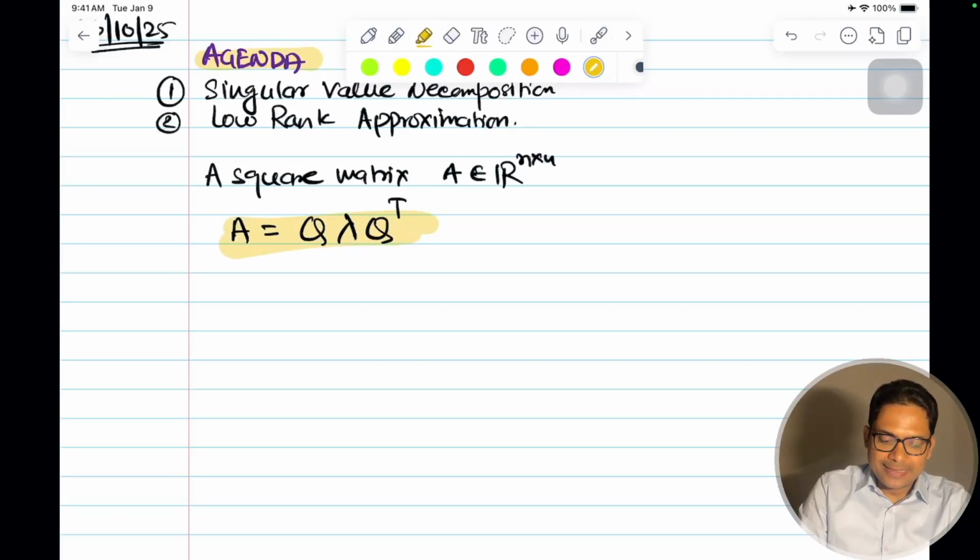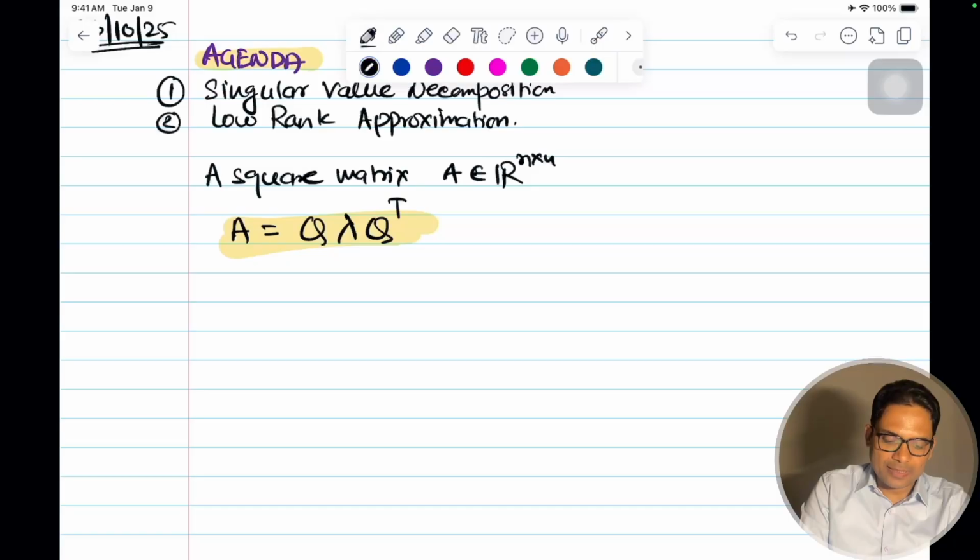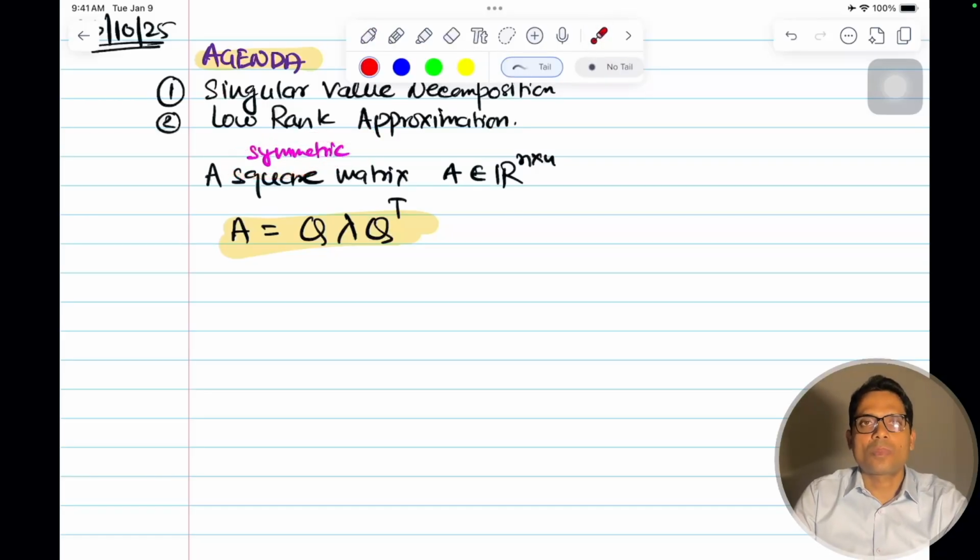Q is the matrix which holds all the orthonormal eigenvectors in its columns. Lambda holds all the eigenvalues, and Q transpose is just the transpose of Q. Remember, Q should be orthonormal, and A should be a square symmetric matrix, n cross n, for this format to hold. So this is the formula we have seen.